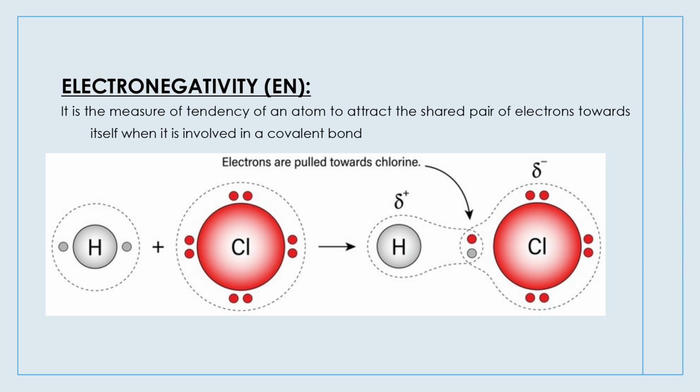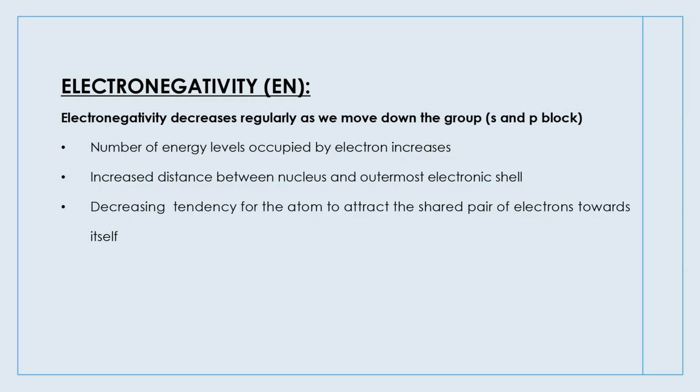Talking about the group trend. Throughout the group, when we move down, the value of electronegativity decreases. And why is that so? Because we know that as we move down the group, the atomic radius increases, which means the energy levels occupied by the electrons are increasing.